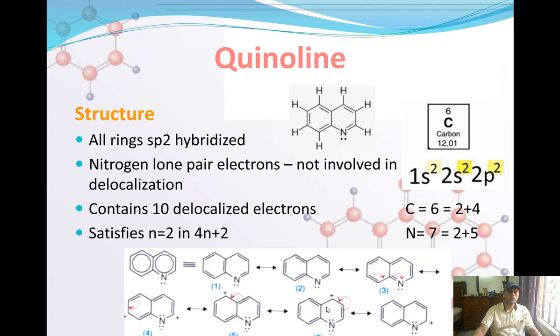Just like the other heterocyclic compounds, all of the quinoline atoms are sp2 hybridized. It has one nitrogen, and even that has sp2 hybridized orbitals.